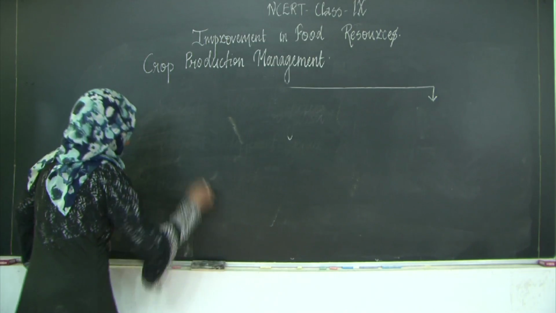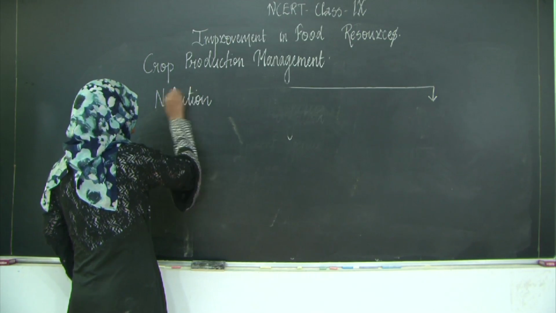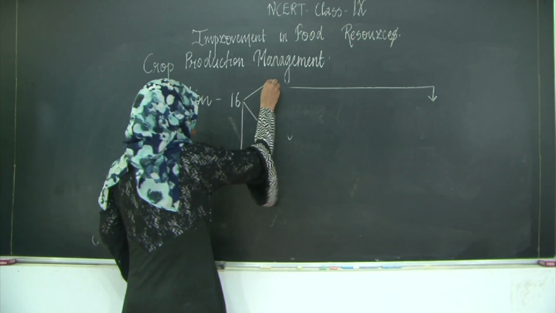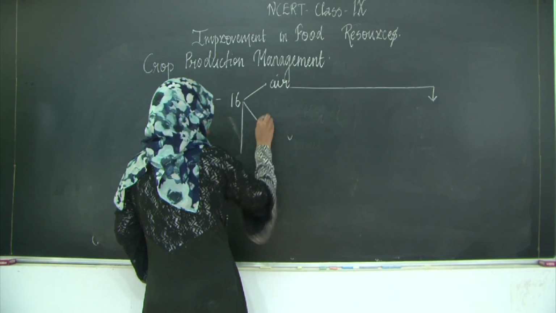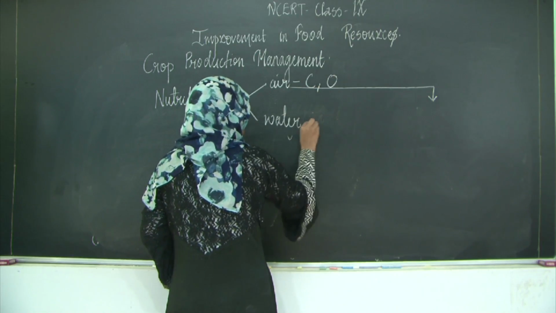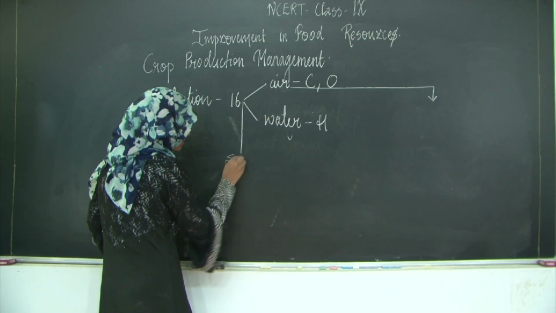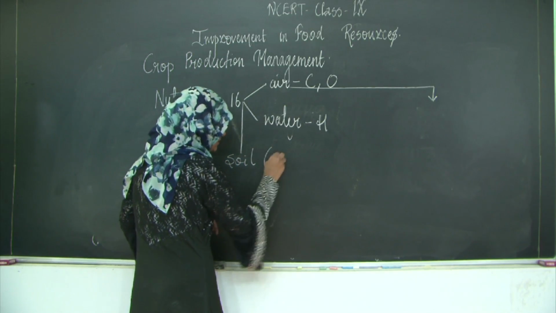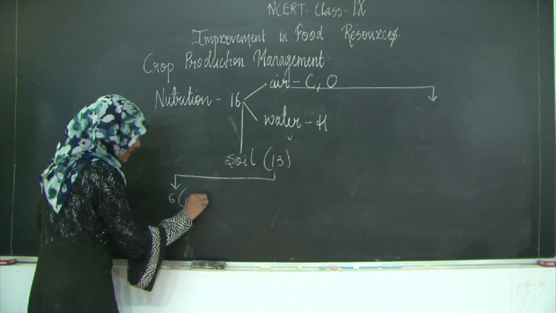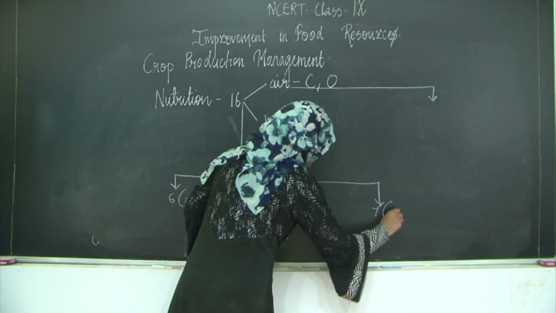Let me write down again. Nutrients are of 16 types. From air they get carbon and oxygen, from water, hydrogen, and from your soil they get the remaining 13, out of which 6 are macro, required in large quantity, and the remaining 7 are micro.